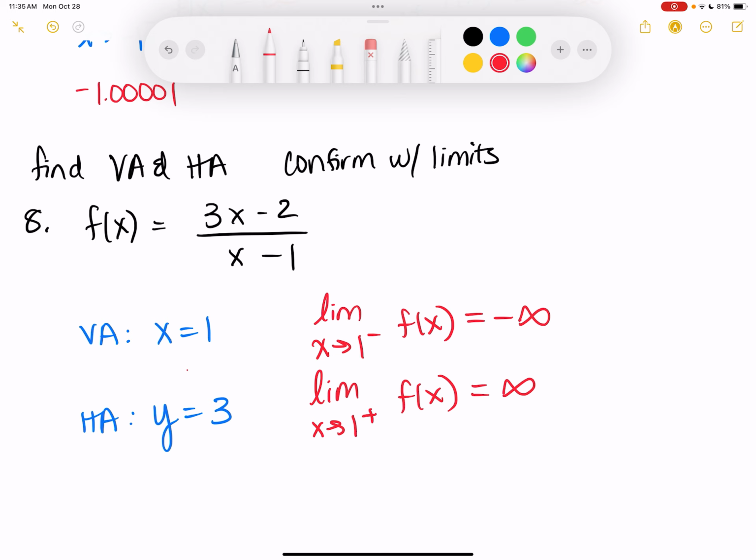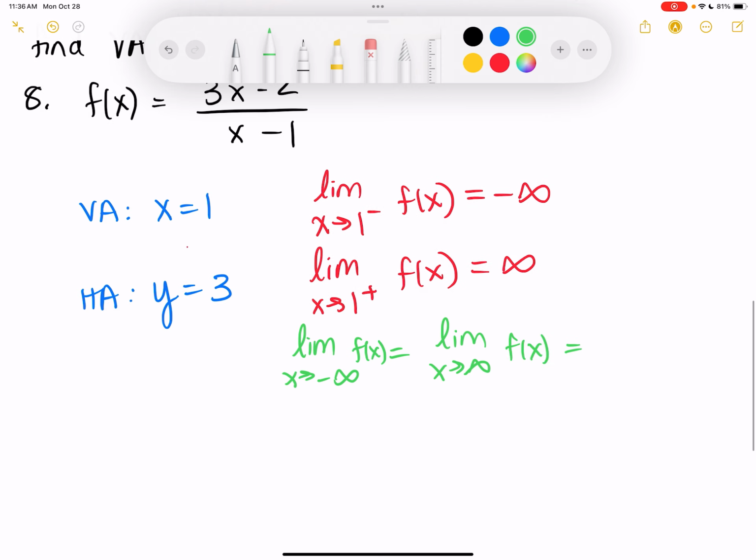Now horizontals are a little different. For these ones, we're looking at the limit as x approaches negative infinity, and that should be equal to the limit as x approaches infinity of the function. And that's what we're trying to find.